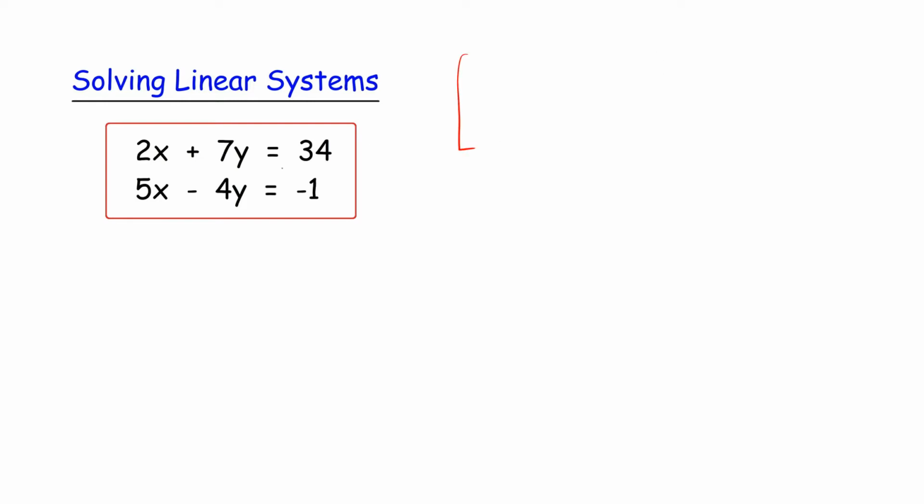Or maybe let me go in a systematic way. Let's call this equation one, and let's call this equation two. Now, to represent this in matrix format, you need to separate the constants in the equation, right?